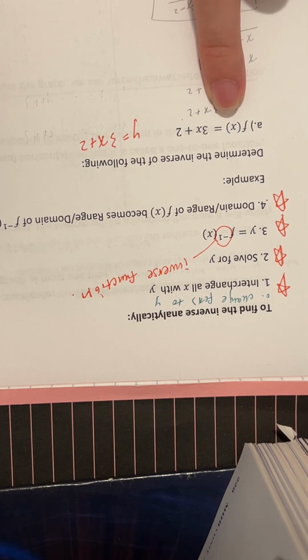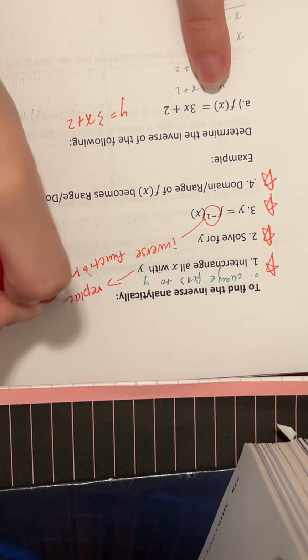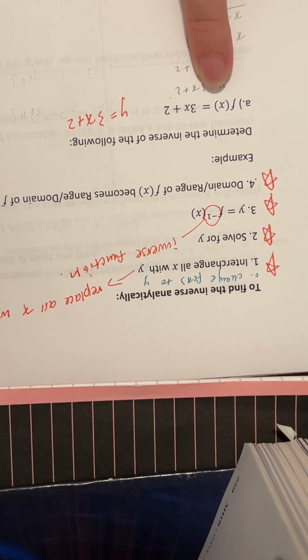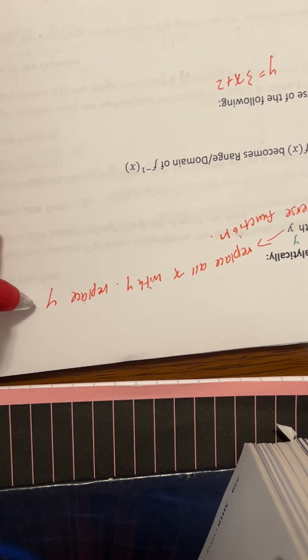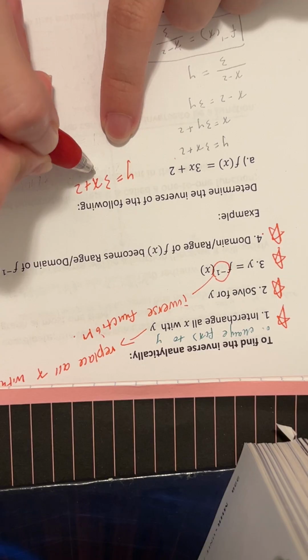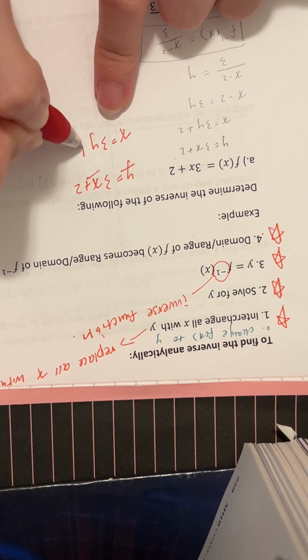The next step, interchange all x with y, which means replace all x with y, and you replace y with x. So right here, if you change the x and y, it's going to be x equals 3y plus 2.